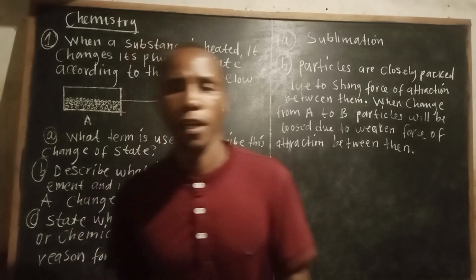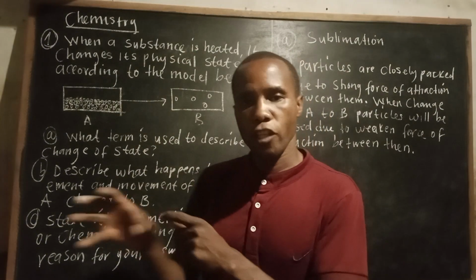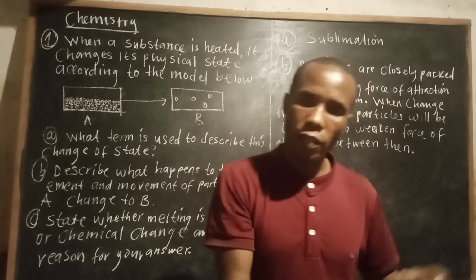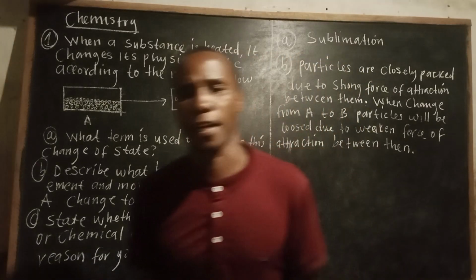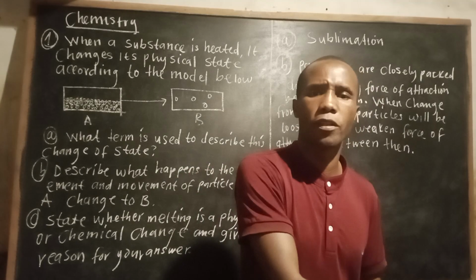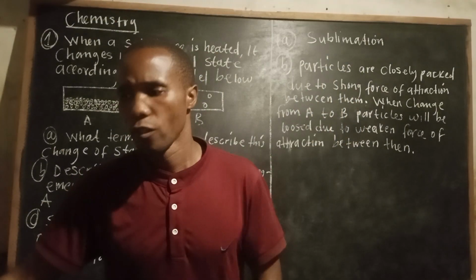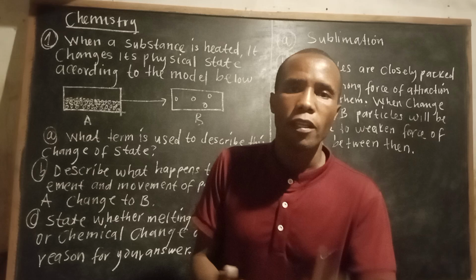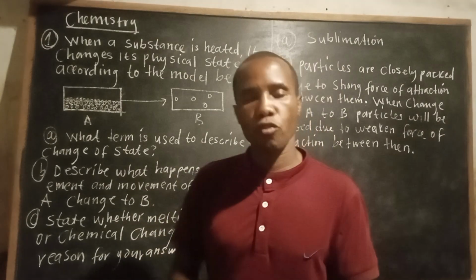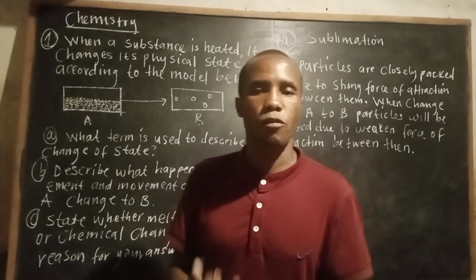When it melts, it will change from solid to liquid. That liquid is not a new substance. It is one and the same. Once again you cool that same liquid, it will get back to solid. So one, it is a physical change because it does not produce a new substance.